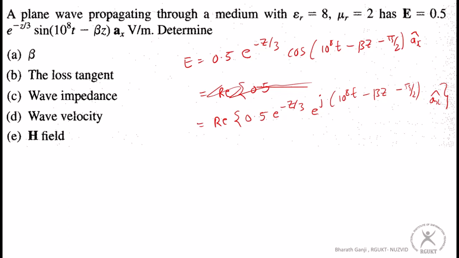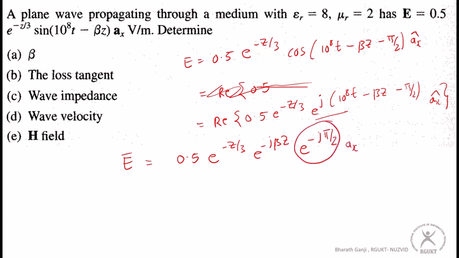In phasor domain we neglect the e^(jωt) factor and take the real part. So finally the phasor form becomes 0.5 e^(-z/3) e^(-jβz) and of course e^(-jπ/2) a_x.